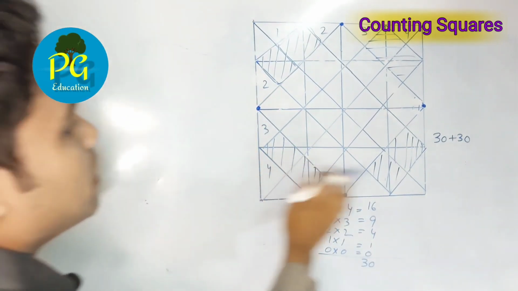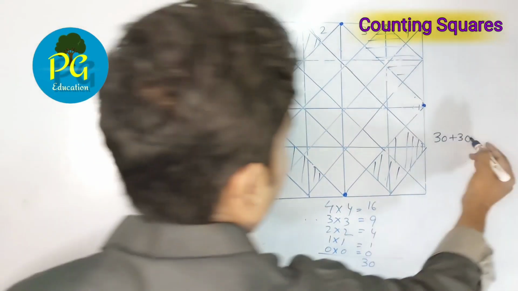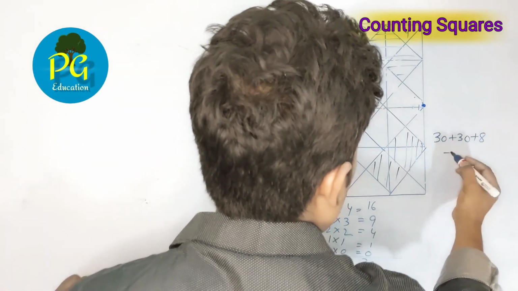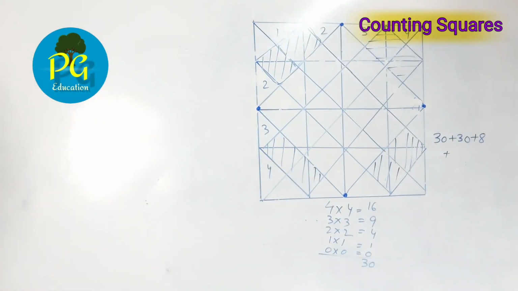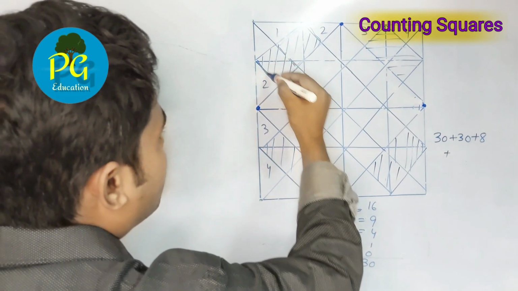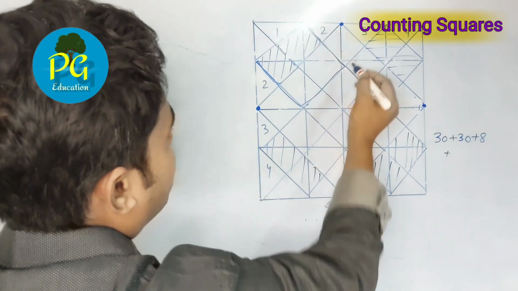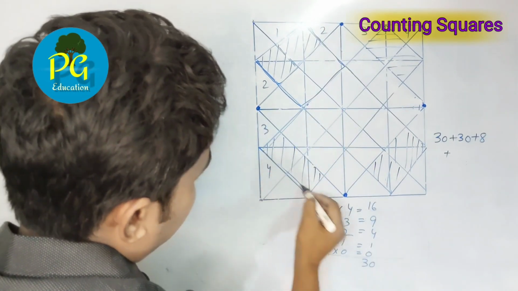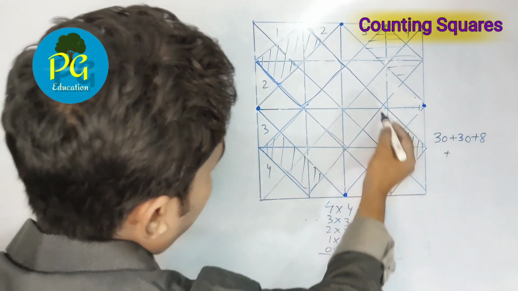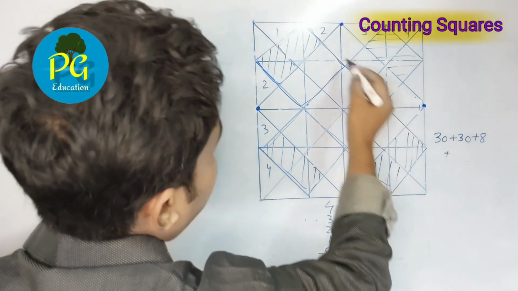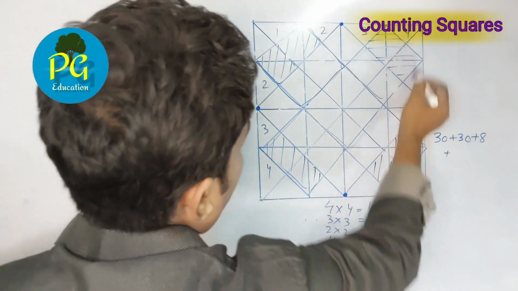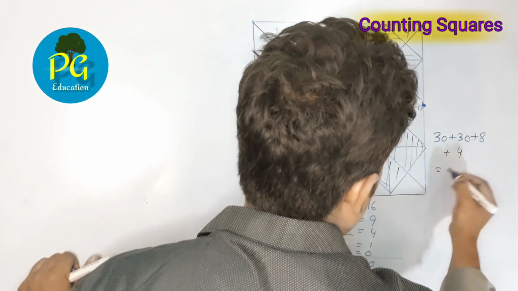Understood? So 2 plus 2 plus 2 plus 2, 8. Okay. Now another 4 squares are there. If you look, then this is a square, this is a square, this is a square and this is also a square. So plus 4.